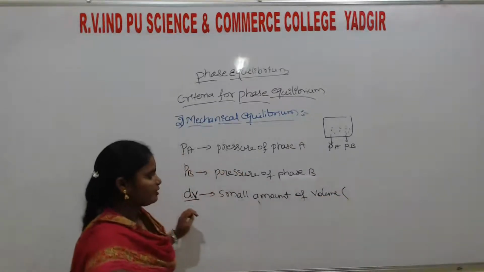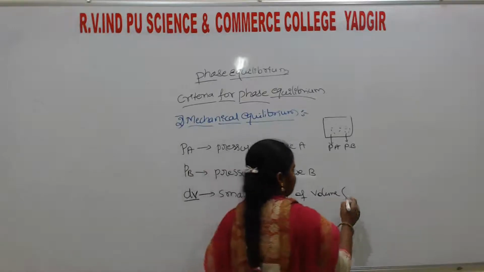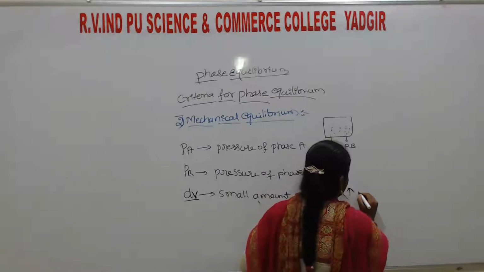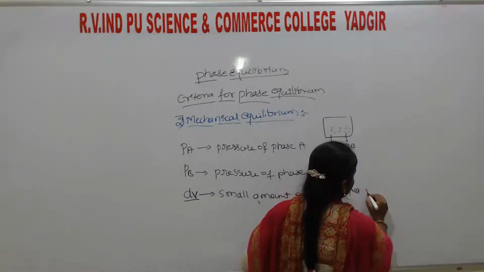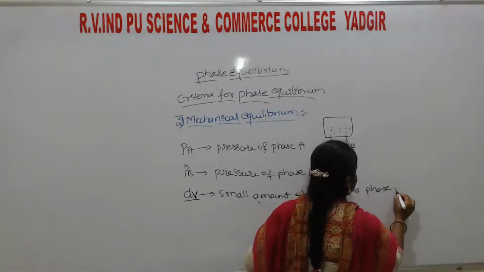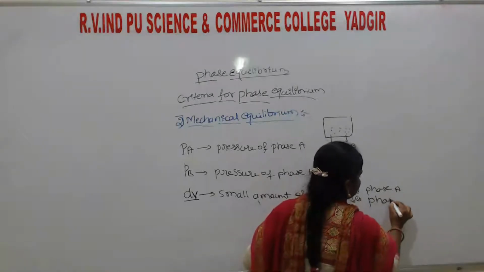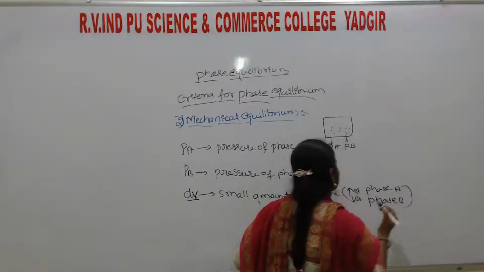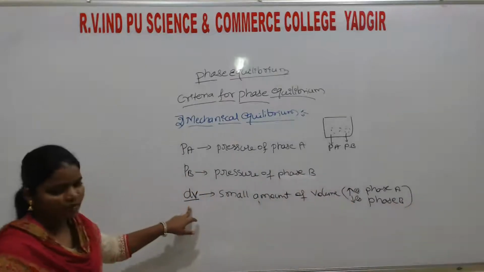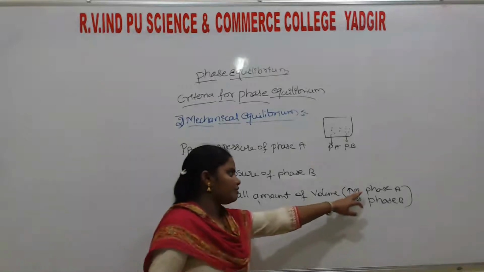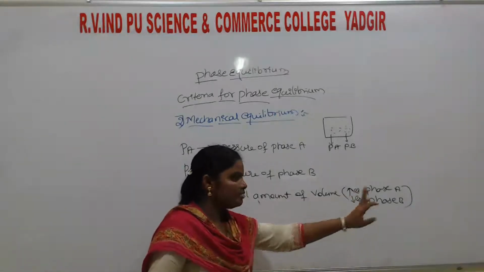The phases decrease and the phases increase: first, the increasing phase, and second, the decreasing phase. This is the condition: dV is a small amount of volume where phase A increases and phase B decreases.